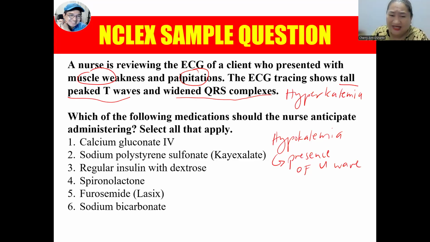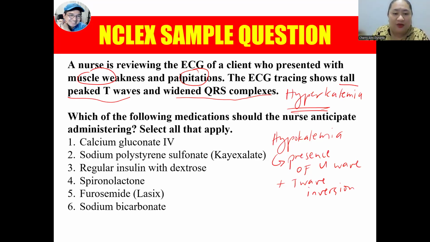So if that is the case, presence of a U wave, plus, you may or may not have this, T wave inversion, signifies hypokalemia. But if they mention tall peaked T waves, that is your hyperkalemia. Is that clear, guys? So we know now that this is hyperkalemia.